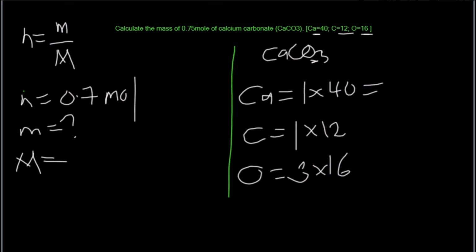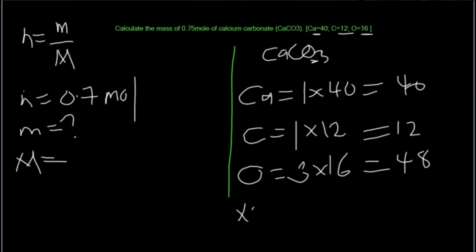So 1 times 40 is 40. 1 times 12 is 12. 3 times 16 is 48. So 40 plus 12 will give you 52. 52 plus 48 will give you 100.